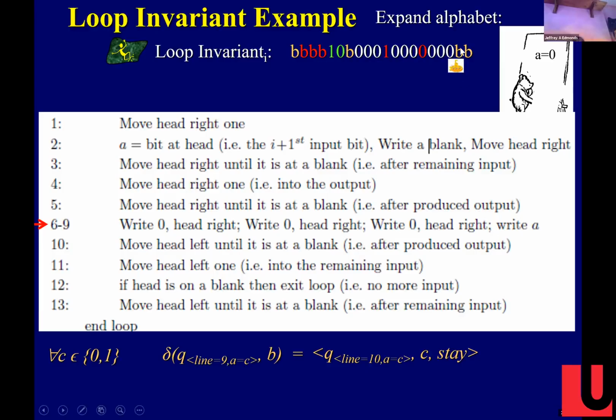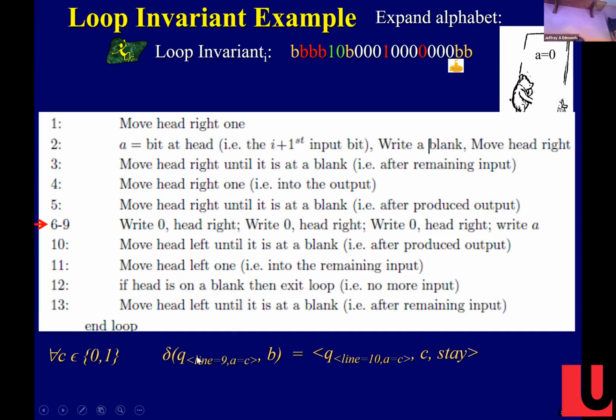Now the picture tells me that the head is on a blank, and I'm trusting the picture. If the picture's wrong, I panic. So let's trust that I'm looking at a blank. What does the Java say? Line 9 says, from the picture, you should be looking at a blank, and you take the value A, and whatever value A is, 0 or 1, you write it there.